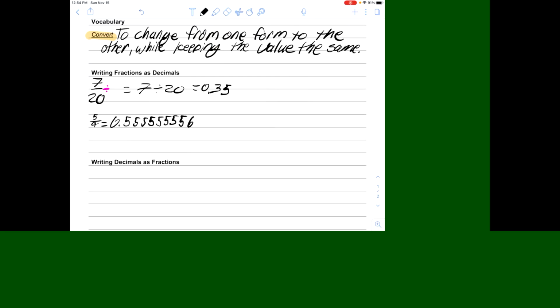Now, 5/9 is actually a 5 that's just repeating forever and ever and ever. The reason that we get this 6 at the end is because when your calculator runs out of space, it's going to round up, and it's going to put a 6 at the end. But be really, really careful. This is actually the number 0.5 repeating.